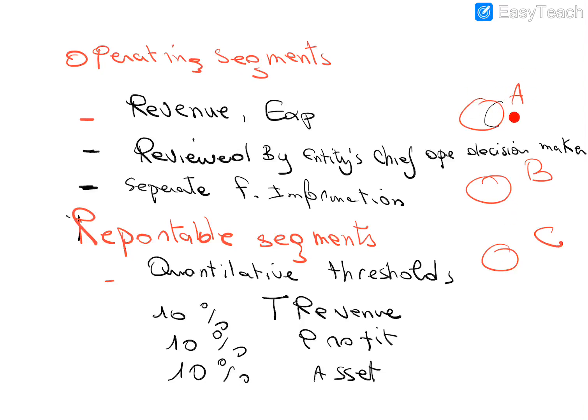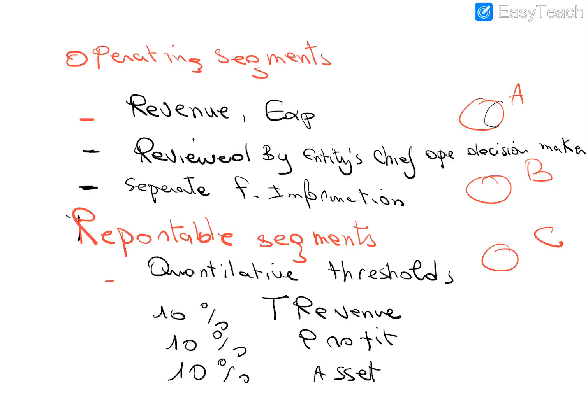The segment's revenue or profit should be 10% of the total revenue, or the segment profit should be 10% of the total profit, or the segment asset represents 10% of the total. When I say the total, I'm talking about all the segments, okay? All the segments that are in the company.